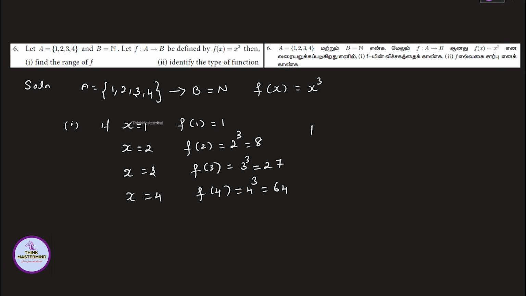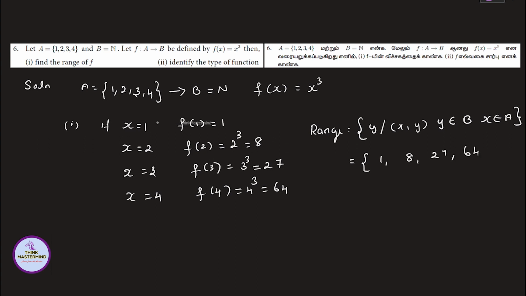Therefore the range is the set of all y values such that x comma y, where y belongs to B and x belongs to A. So taking the y values, the set 1, 8, 27, 64 is the range of the given function.